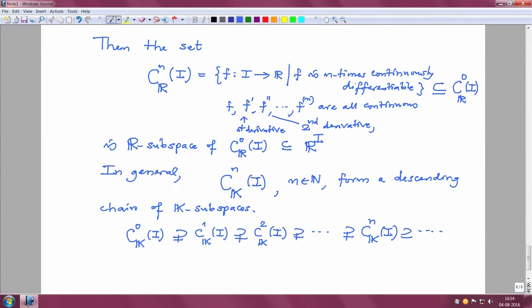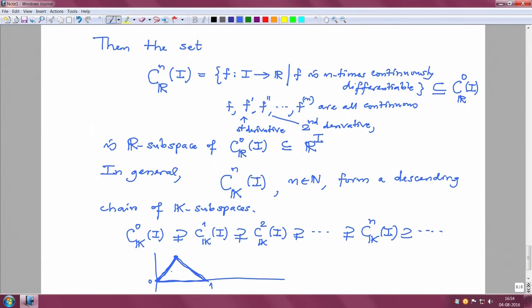I just want to say here the first inclusion is easy really, because if you look at the function whose graph is this, you can take on the interval 0 1, this tent function.